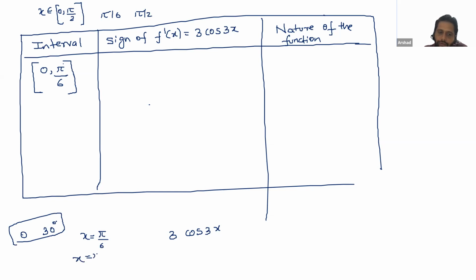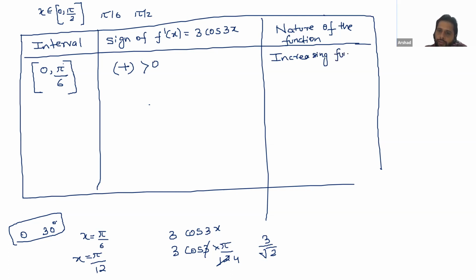We will take x is equal to pi by 12. Putting this angle in this function, we get 3 cos 3 into pi by 12. This cancels out to pi by 4. Cos pi by 4 is 1 by root 2, so we get 3 by root 2 here. This will be positive. So just write greater than 0, and write here increasing function.